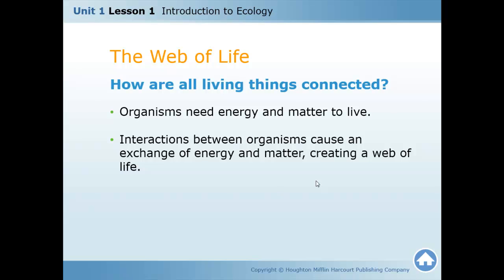So, all living organisms need to interact with each other to exchange energy and matter in the environment. This is a life interaction between living organisms, non-living things, and the environment.